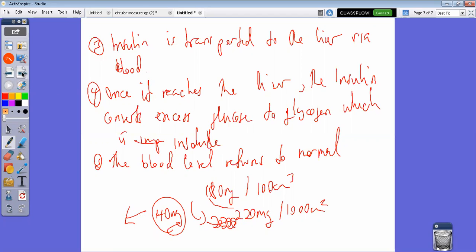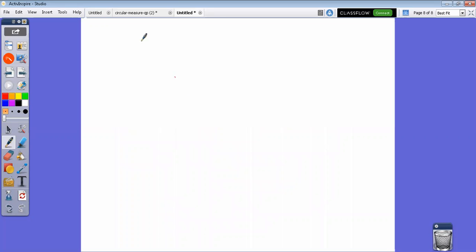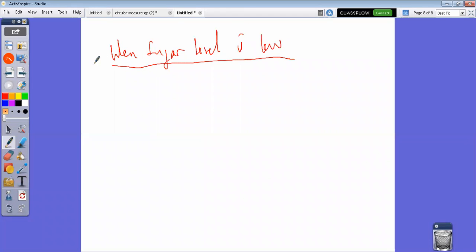Then now, the last thing before we switch to chemistry: when sugar level is low, what causes sugar level to be low? When you exercise, respiration.